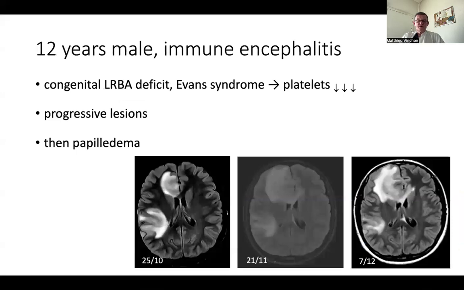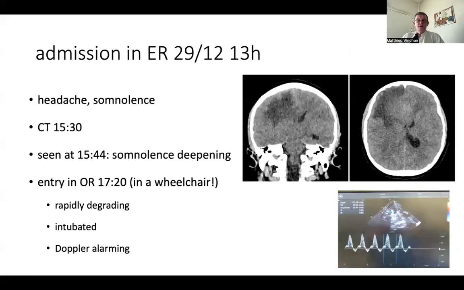This is another example of a 12-year-old male who had immune encephalitis. He had Evans syndrome. That means that his platelets were very low, and he had progressive lesions. Then he developed papilledema. And when he was referred to us, he arrived in the emergency room on the 29th of December. He had a severe headache, somnolence.